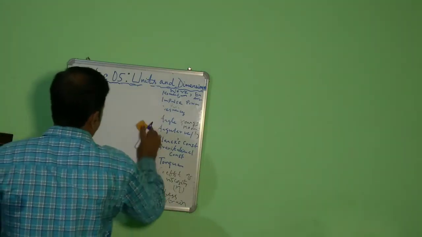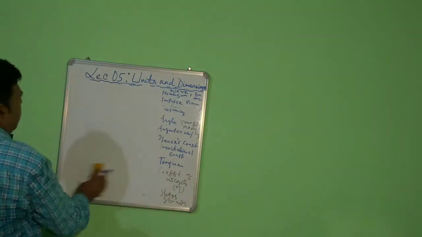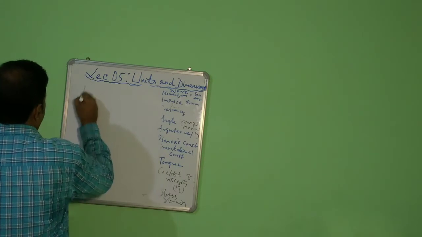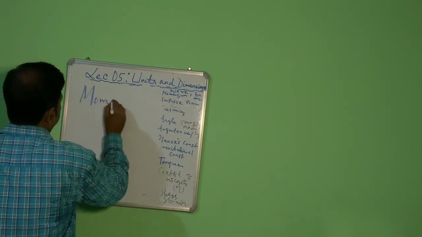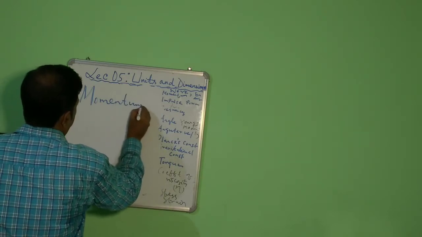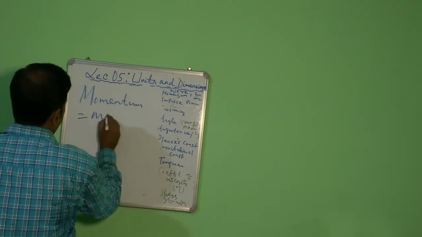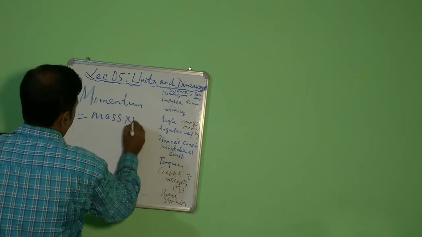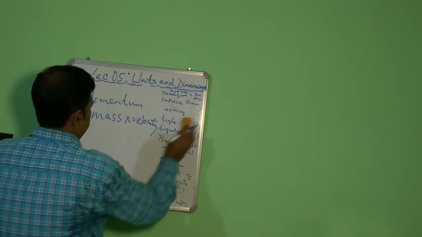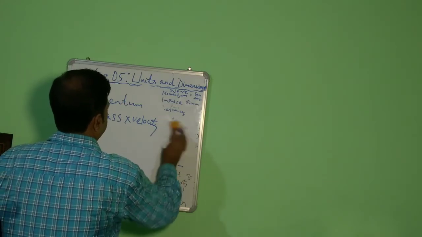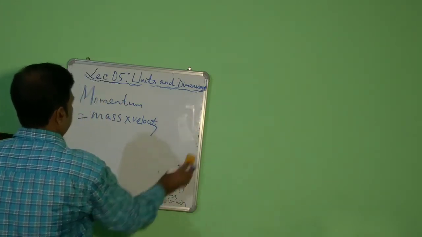So now we'll find out the dimension of certain quantities like momentum. The formula of momentum is mass into velocity.